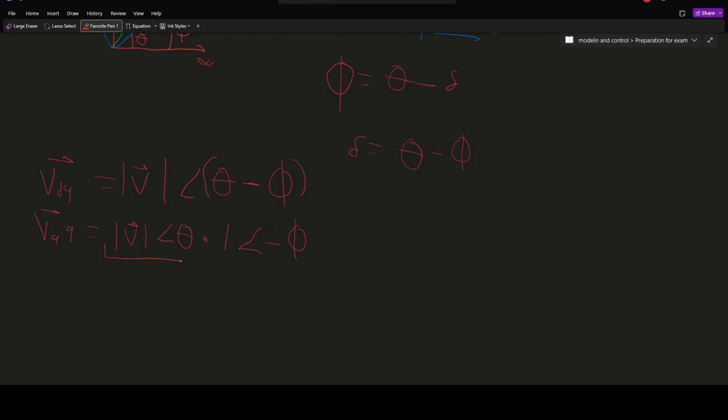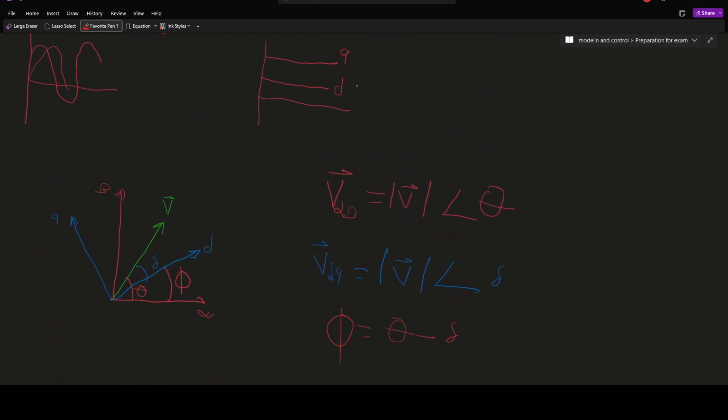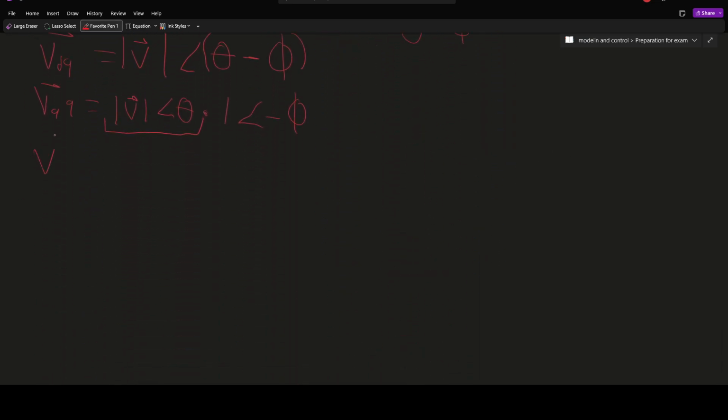So this is just our phasor in our alpha beta reference frame. So the phasor in dq is equal to the phasor in the alpha beta reference frame, minus an angle phi.